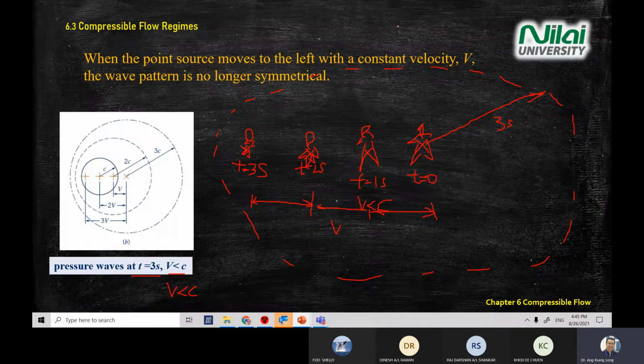Let's say your speed of sound again is 100 meter per second, and your velocity is less than that. You're not running, but moving at less than 100 meter per second.